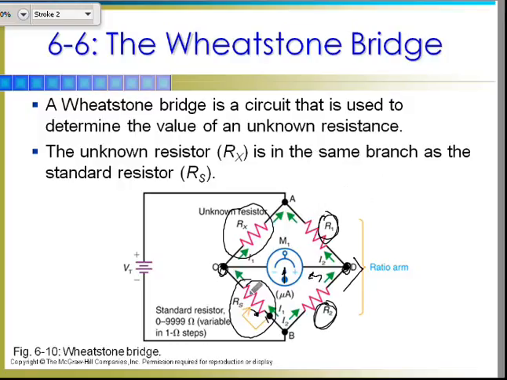You then, because you know what the ratio is of R1 to R2, you can then know what the resistance is of your scaling resistor, or your variable resistor, and with that ratio known, the ratio of the unknown over the scaling resistor has got to equal the ratio of R1 and R2.